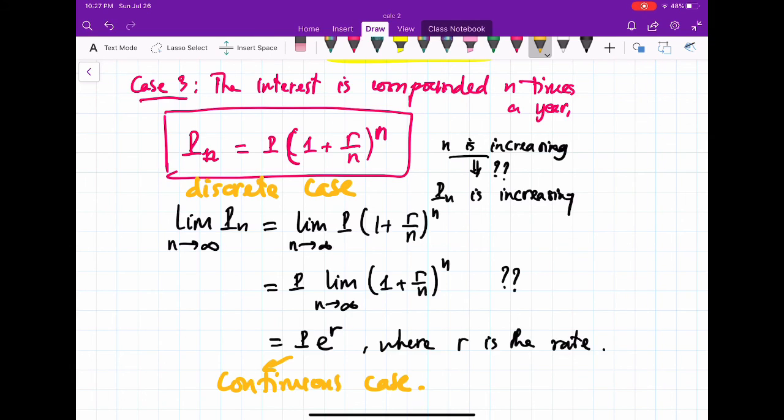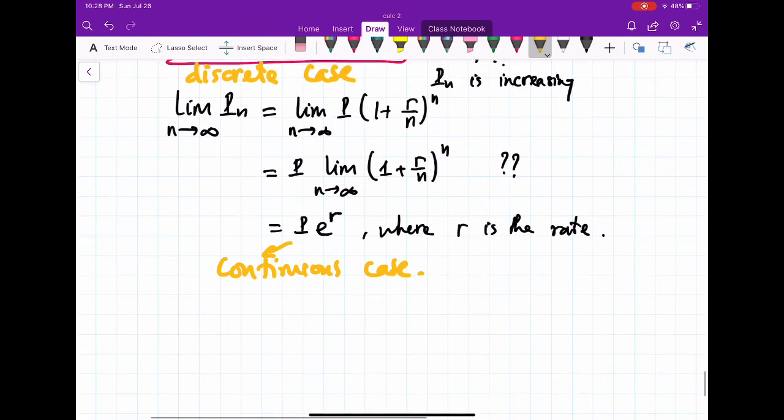You see? That means if n is just a finite number, you have a discrete case. Is that correct? But when n increases to infinity, your interest is compounded infinitely many times. So that is kind of continuous, right?